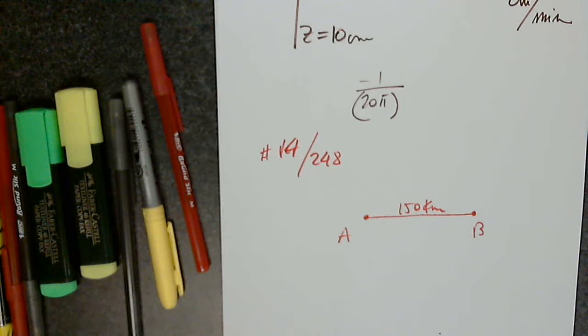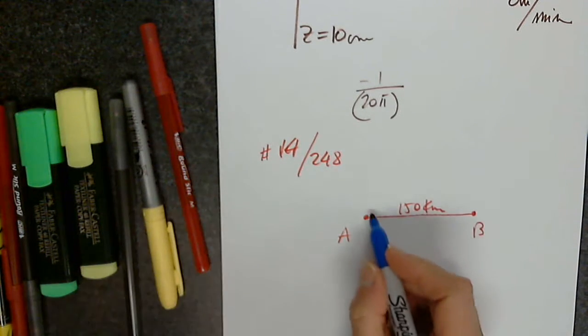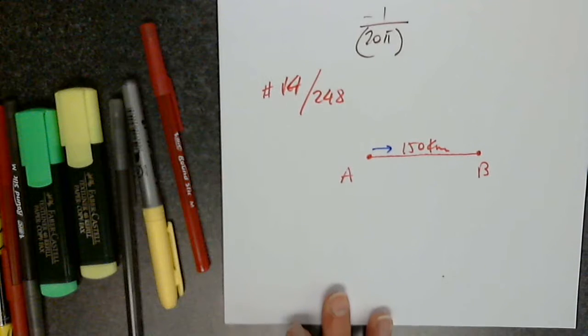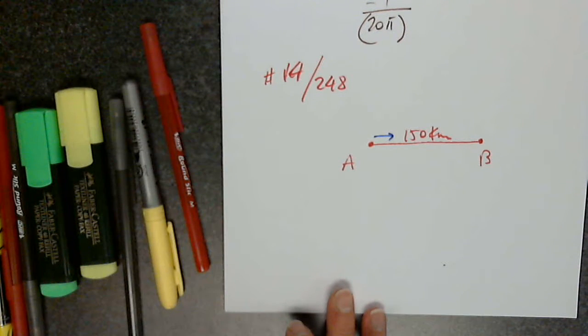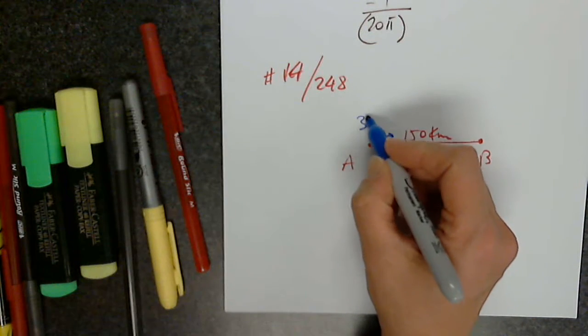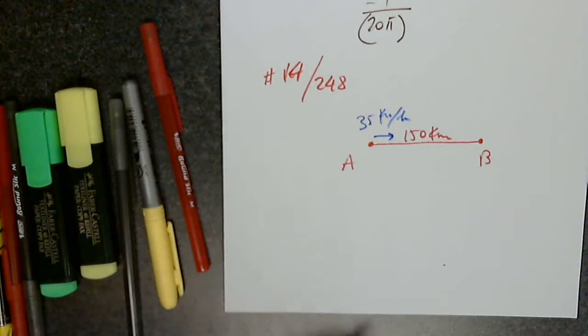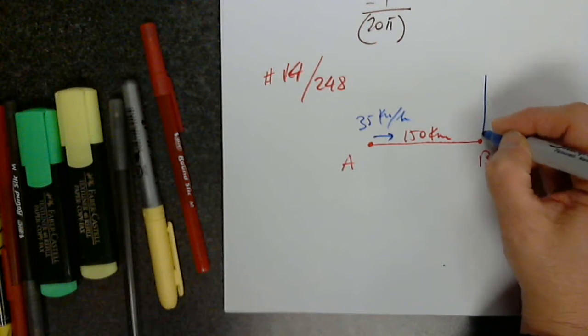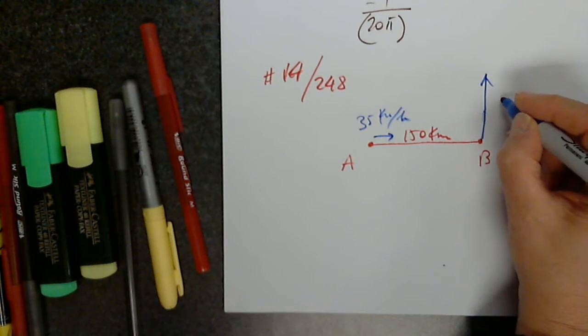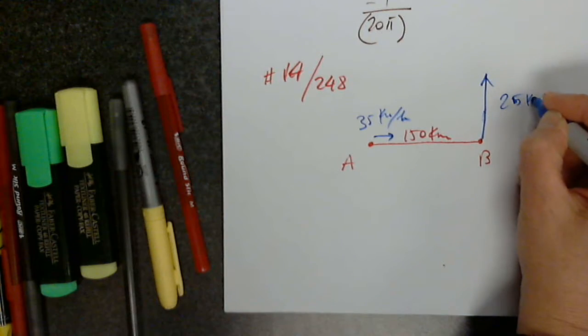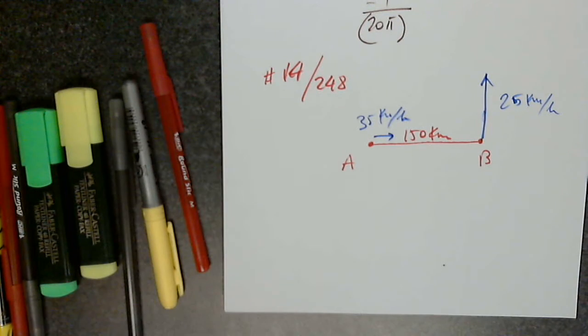Let me use a different color. A goes this way at 35 kilometers per hour, and B is sailing north at 25 kilometers per hour. How fast is the distance between them changing 4 hours later?